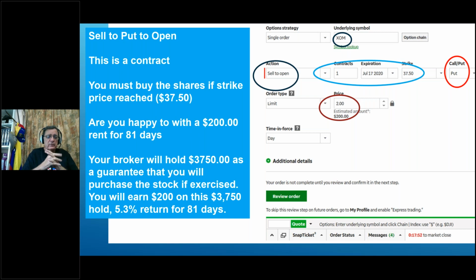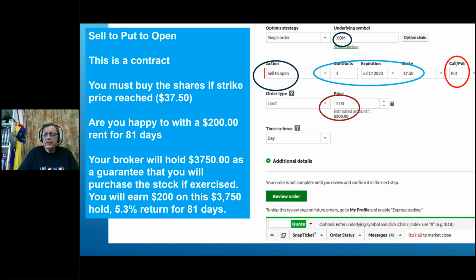Okay. So if the stock is exercised, and the only person who can exercise that right is the guy who bought the option. He exercised the right. I cannot exercise anything. I have an obligation to buy. Okay. So I'll make 200 bucks and I'll have $3,700 put away, which is a return of 5.3%, $200 over the money that's held there. That makes 5.3% in 81 days.